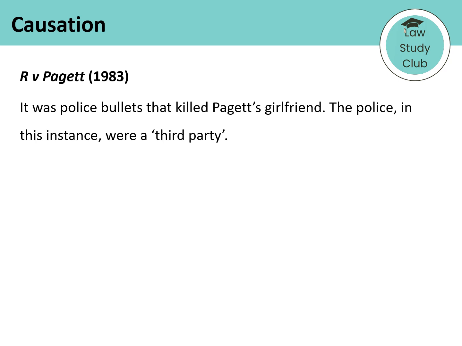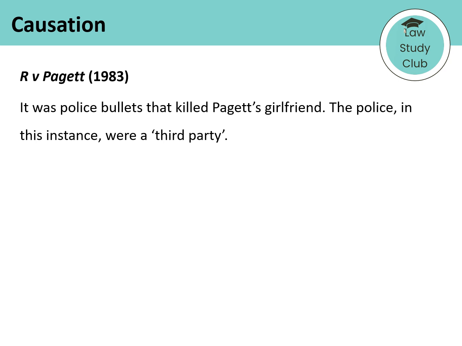If we move on to a case that demonstrates an act of a third party, in R v Paget that we considered earlier, the police officer is a third party. The question is whether the police officer's decision to fire that fatal shot was sufficiently independent and sufficiently serious of what Paget was doing in order to break the chain of causation and remove Paget's liability.